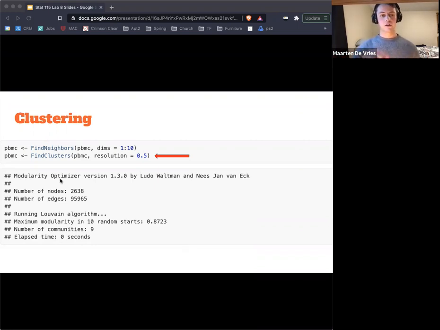For the find clusters function, you should take note of the resolution parameter, because this is what will influence the number of clusters you obtain and the number of cells assigned to each cluster. I think in the homework, you'll be asked to compare your plots based on different values of the resolution. You'll see what I mean.